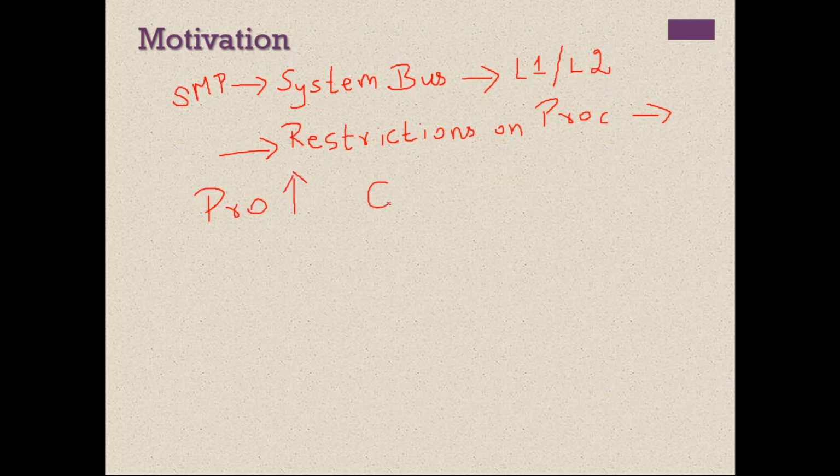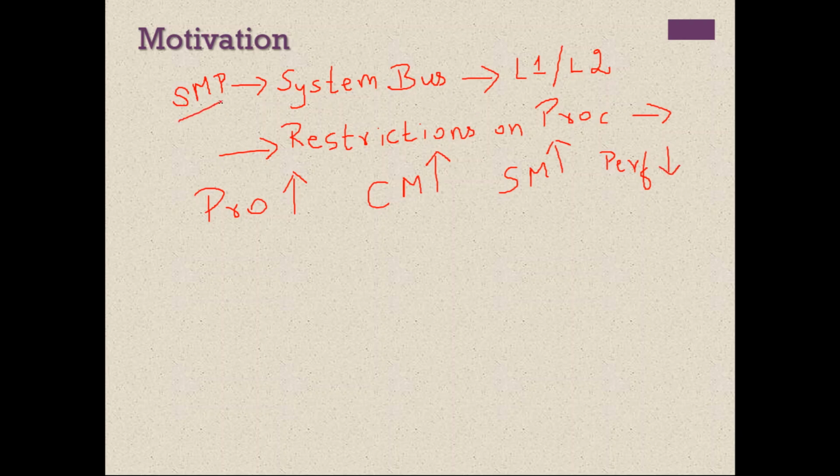The number of cache misses, CM, also will increase. If cache misses increase, then what will happen? The system bus will be accessed more and more. If the system bus is accessed more and more, then the performance will degrade, right? So this is the drawback with SMP.